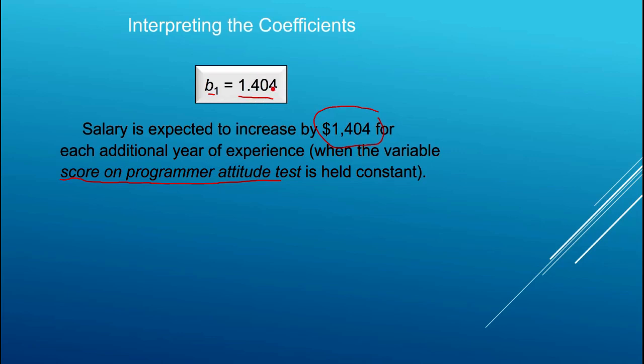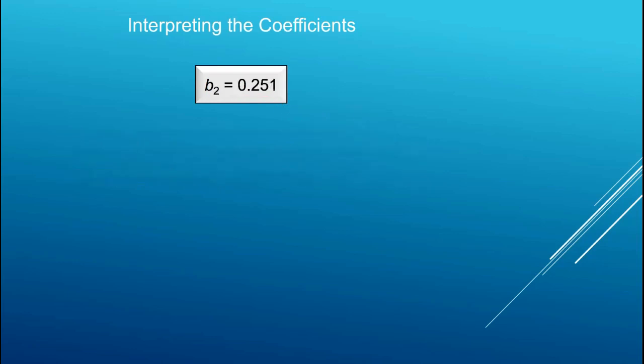So you're translating this from thousands into dollars, given that the dependent variable is measured in thousands. So it's 1.404 thousand dollars, or $1,404. I guess that's the best way to put it.